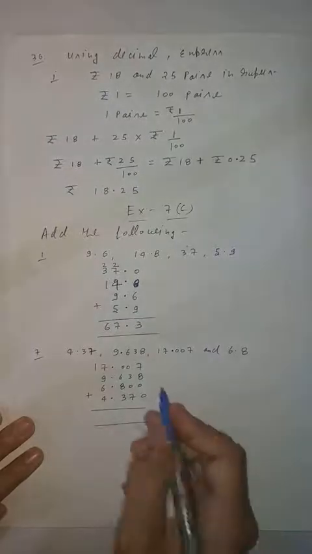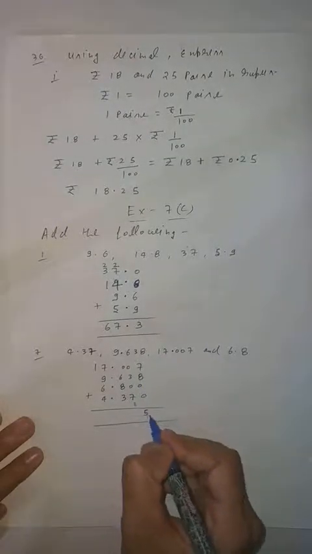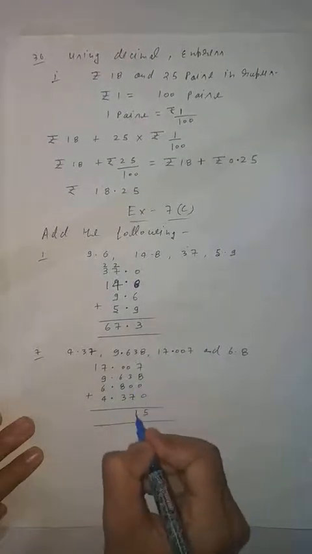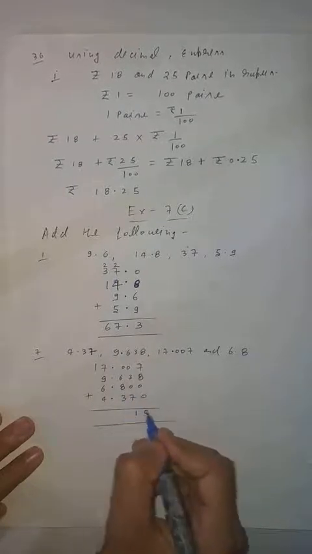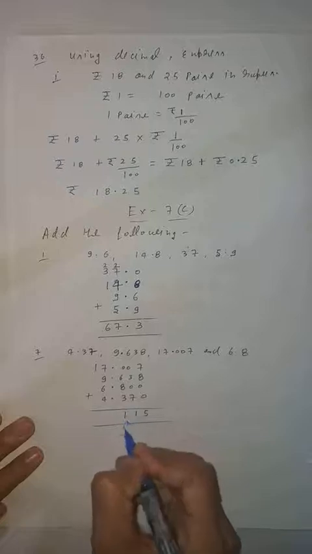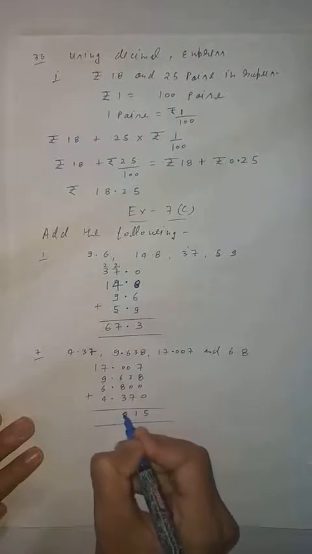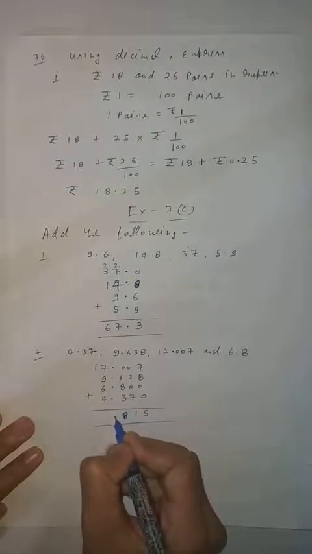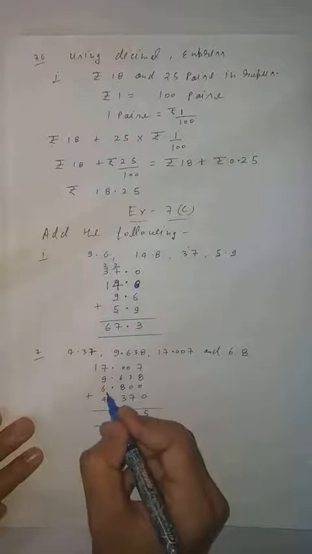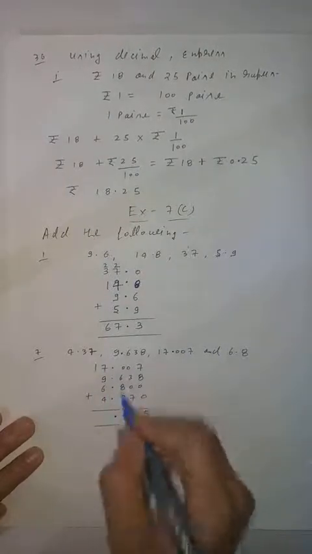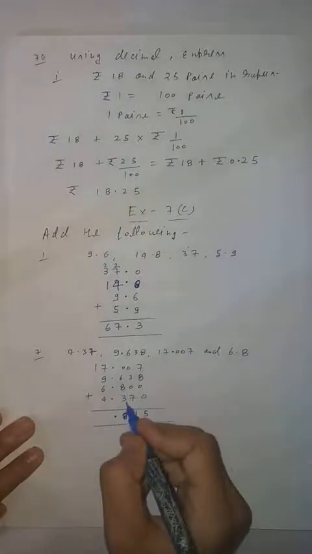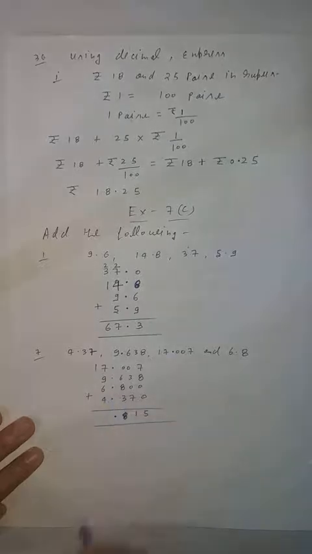Clear? Now add up. 8 plus 7 15, 7 plus 3 10, plus 1 11, 8 plus 6 14, 14 plus 3 17, 17 plus 1 carry 18, 8, 1 carry, point you will write down. 6 plus 4 10, 10 plus 9 19, 19 plus 7, here 1 carry, and 19 plus 7 26.